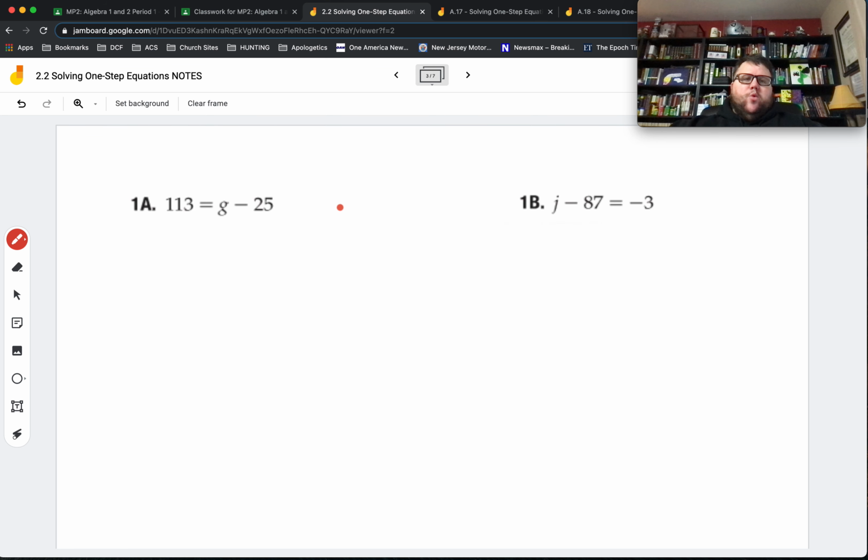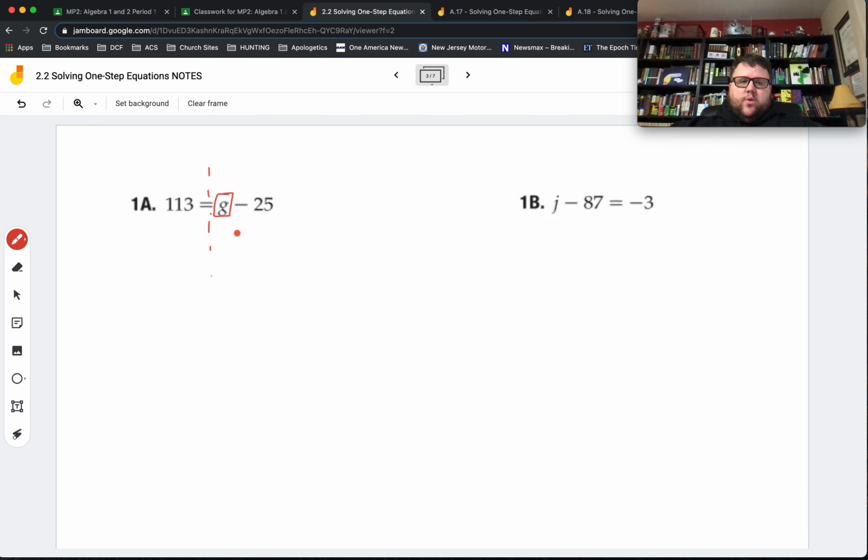So let's do a couple more examples. 113 equals G minus 25. To undo the subtraction here, remember, I'm trying to get my variable by itself. On the same side of the variable, if I were to draw a dotted line through my equal sign, I have my left side is 113, my right side is G minus 25. So what I'm going to do is the opposite.